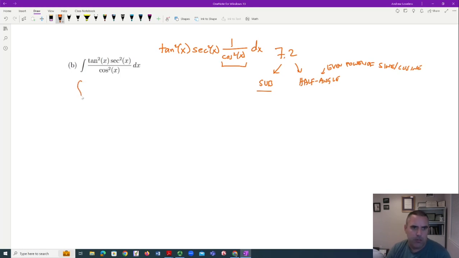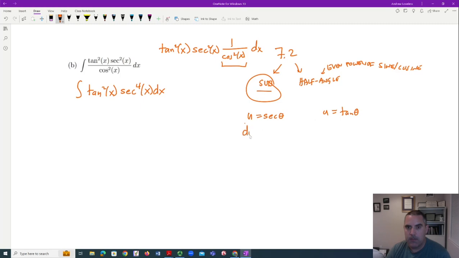And so really this was the same as this. That was a lesser issue. Secant to the fourth. So now I know I'm going to do a substitution. It's just a question of which one am I going to do. Am I going to do secant? Or am I going to do tangent?